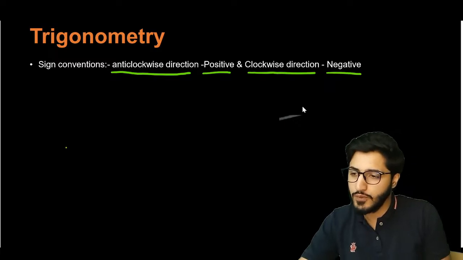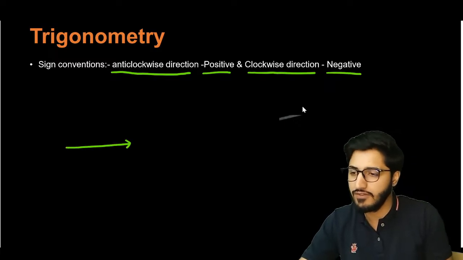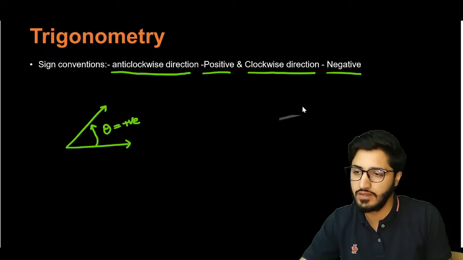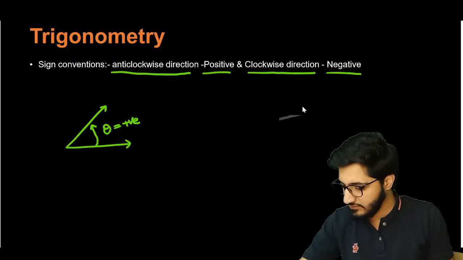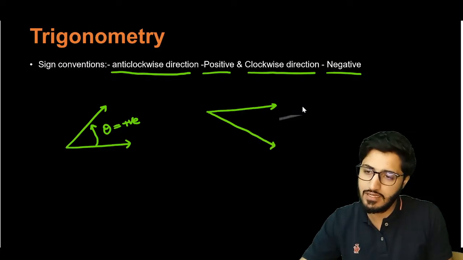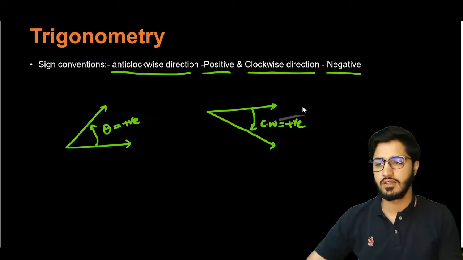Okay, let us suppose we are having a line like this and we are rotating like this. So I think this is an anti-clockwise manner, so you can write theta will be positive. In the same way, if we are having this line and we are rotating in a clockwise manner, we represent it as negative. Clear?